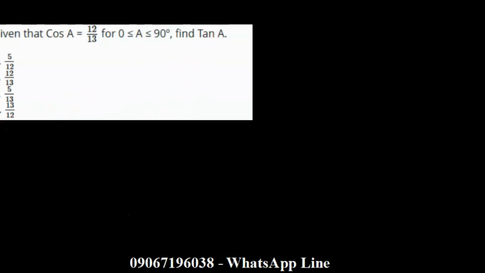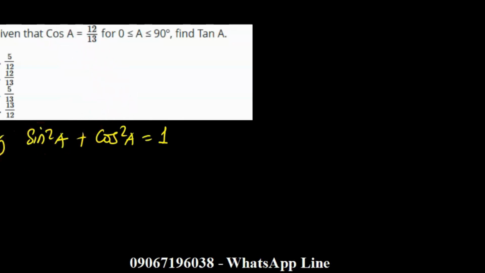The trig function I'm going to use is that sine square A plus cos square A is equal to 1. Since it's A I'm dealing with, from there we're already given cos, but we don't know sine.